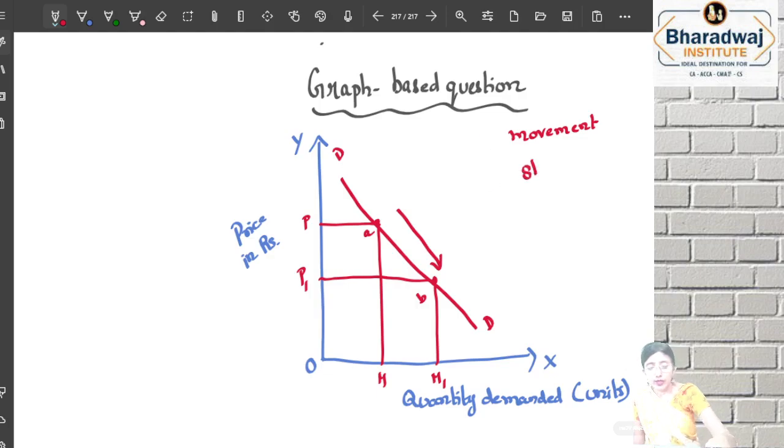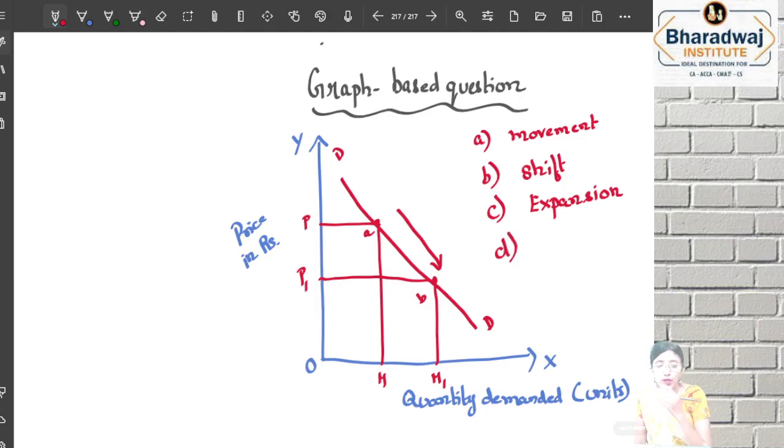A, B, C, D. Now, this demand curve, you choose the correct option.